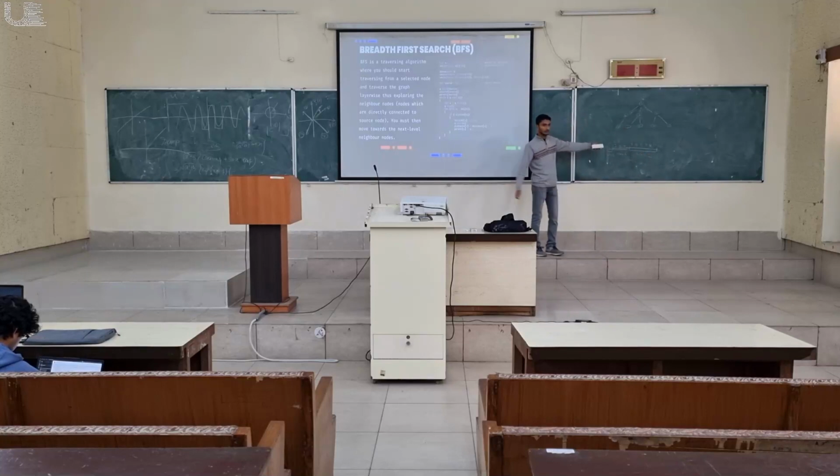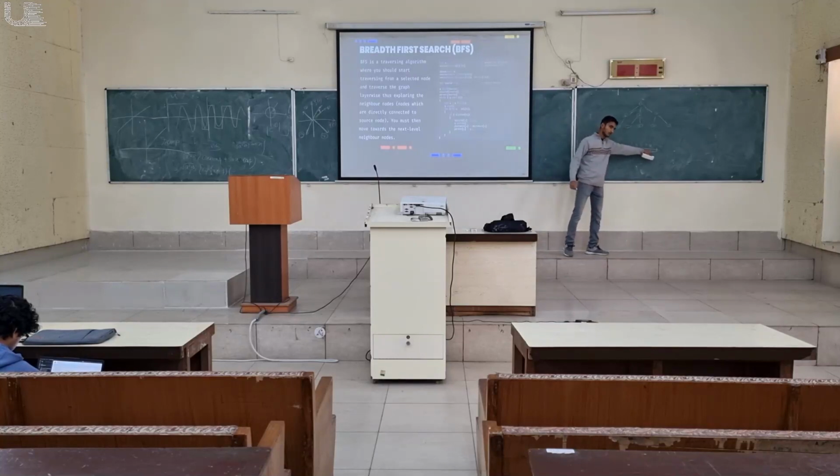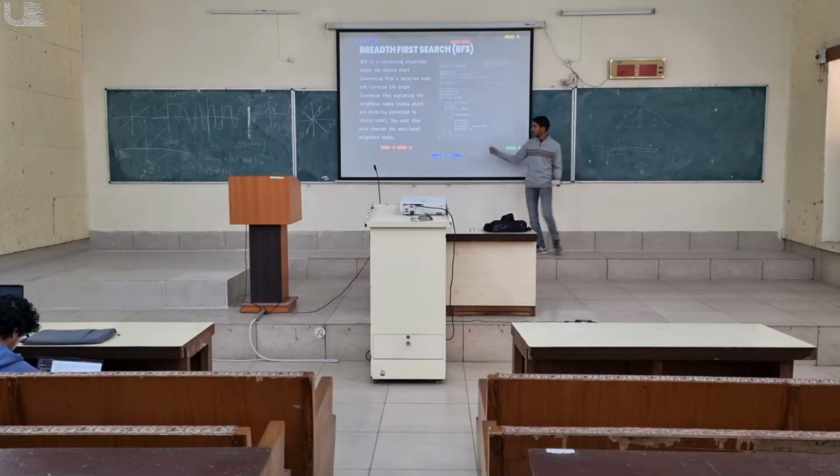This is what we wanted: visit all the level 0 nodes before all the level 1 nodes, and all the level 1 nodes before all the level 2 nodes. If we had more levels, we follow the same way: take the first element, visit all the nodes directly connected to that element, and then remove it from the queue.